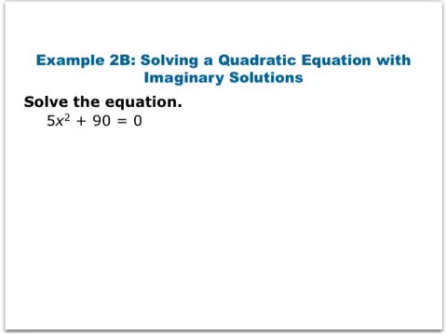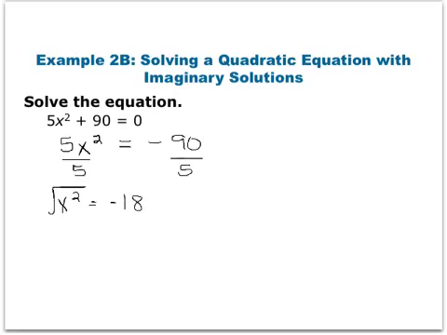Try another one. Okay, you need to get your variables on one side and your numbers on the other, and no coefficient in front of your x. So I have x squared equals negative 18. Square root of both sides. x equals plus or minus the square root of negative 18, which works out into 9 times 2.